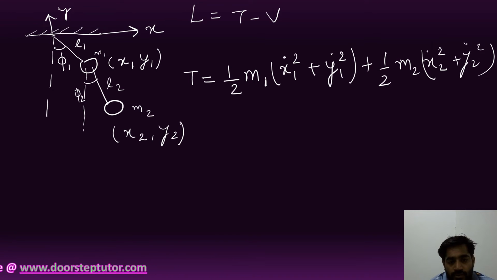Now what are x1 dot, y1 dot, x2 dot, y2 dot? Before that we have to calculate x1. This position is x1.